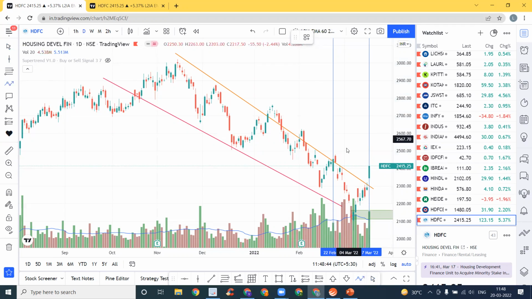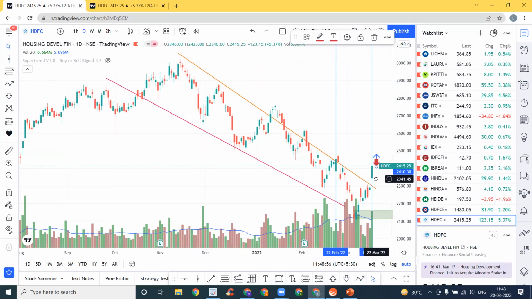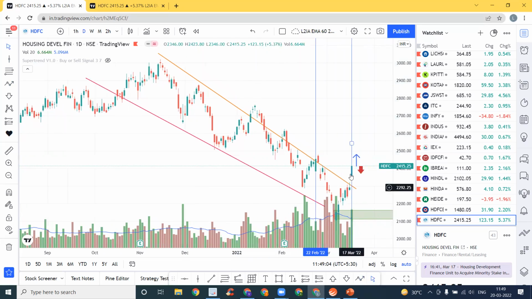Okay. If it is moving in the upward direction, that is good. If the next candle comes down, then we'll have to see that. So how the candles are moving, we'll have to see, and that is how we'll be able to decide.